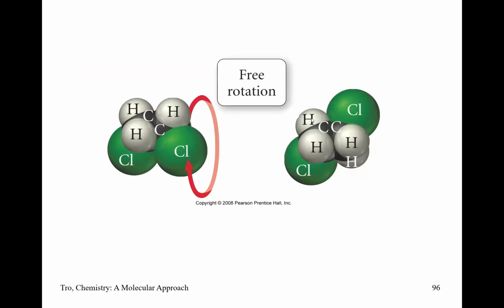All right, so a model is better to have in your hand and do this, but this is a presentation on a PowerPoint on a screen, right? Here are the space-filling spherical ones, and you can just spin the carbon-carbon bond, right? And what that does is it takes the chlorines from being on the same side to opposite sides.